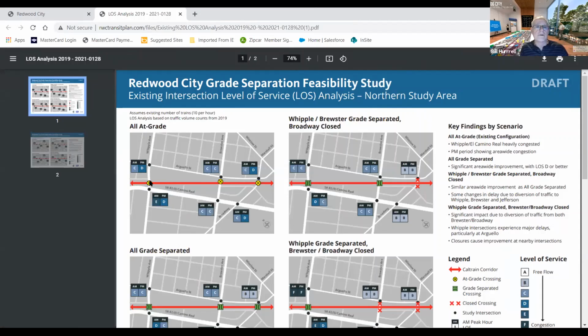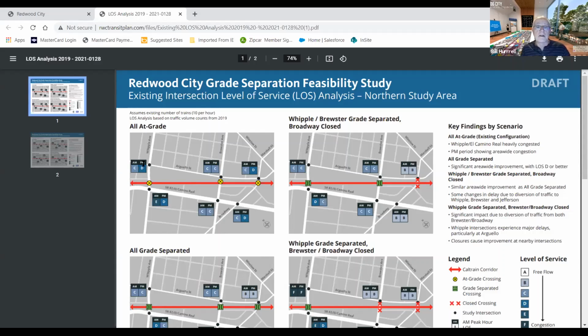We're showing the intersection of Whipple, then Brewster, and then Broadway. And we're showing traffic level of service, which, just to refresh you on what that is, is a ranking or grading of the traffic conditions, with A being a very good condition and F being a very poor, congested condition.